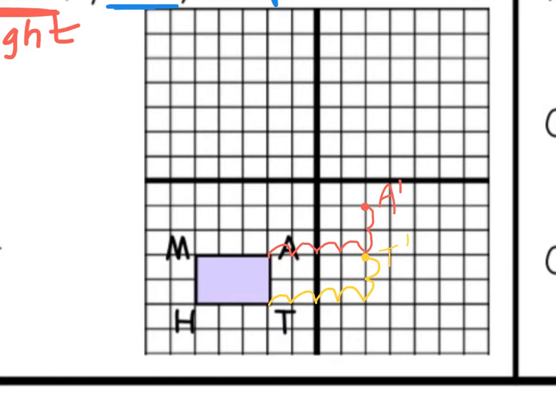All right, let's move H. 4 to the right and 2 units up. Okay, so it might get a little messy, a little bit confusing because we're on top of other points. But that's going to be H prime. Oh, that's a little thick. Let's go.